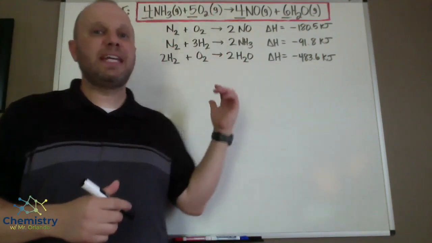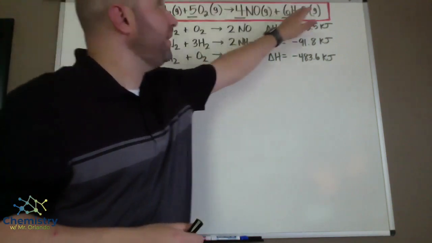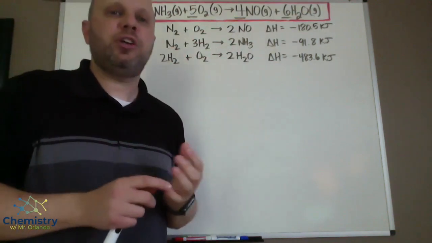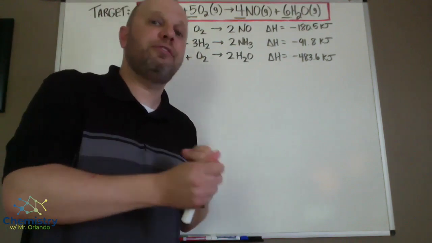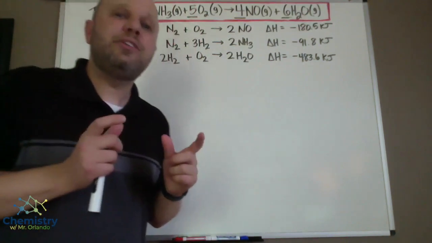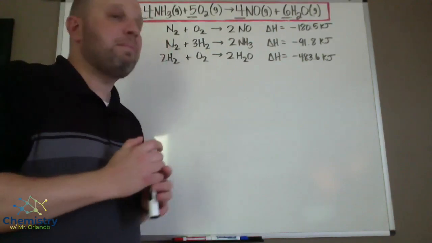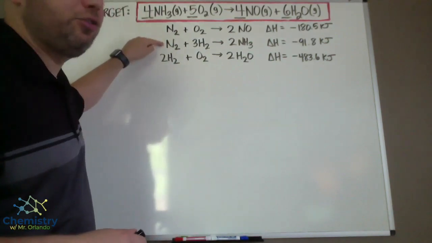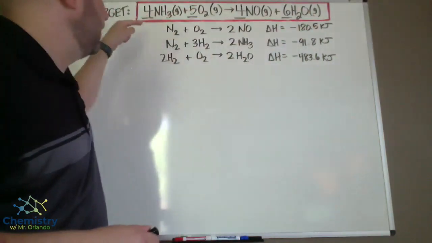So we're going to begin by looking at this equation. I'm going to pick something up here, find where it is down here, and then try and match it up with the correct side and try and match it up with the correct coefficient. What I don't want to do is choose something that appears in more than one spot, or something that doesn't appear up here, like nitrogen.